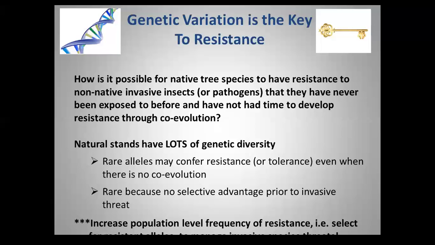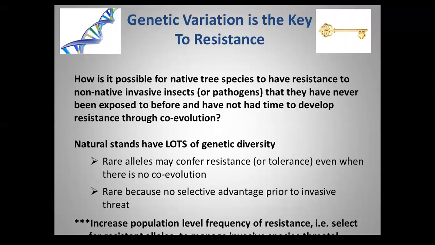Well, the answer to that lies in the tremendous amount of genetic diversity that can be found in natural stands of hardwood trees. They're open pollinated, lots of diversity. So that means that there's a lot of different alleles and combinations of alleles found throughout any population. So there can be rare alleles that can confer resistance or tolerance even when there is not coevolution.